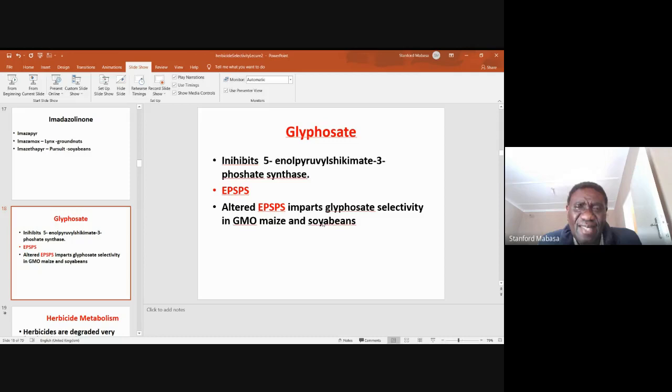What they have just done is to create EPSPS which is not compatible with the glyphosate. That's how that selectivity is achieved.